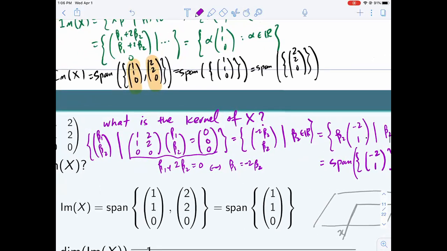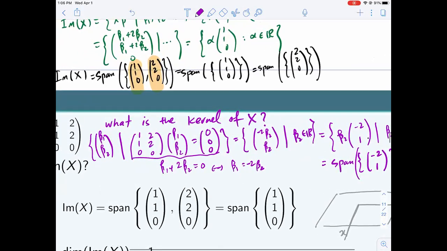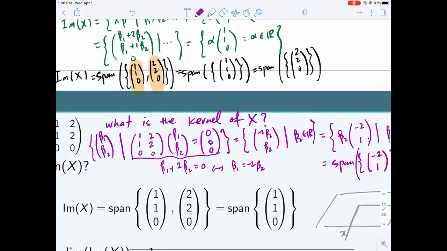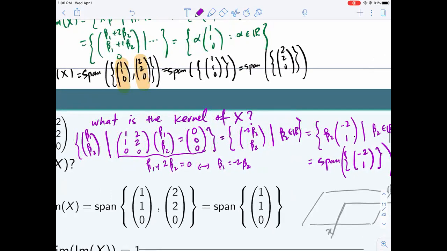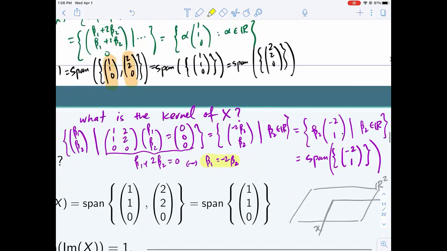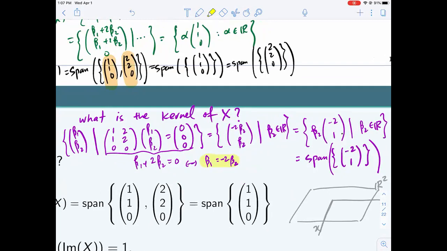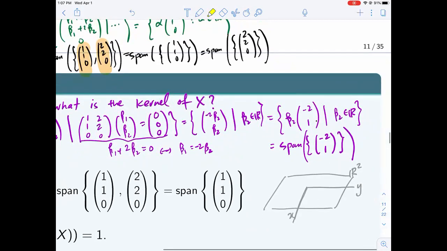Beta 1 plus 2 beta 2 is 0, so beta 1 is negative 2 beta 2. These equations are equivalent to this one. So the kernel is the set of all vectors that can be written this way: I replace beta 1 with negative 2 beta 2, then factor out beta 2, and we get this.